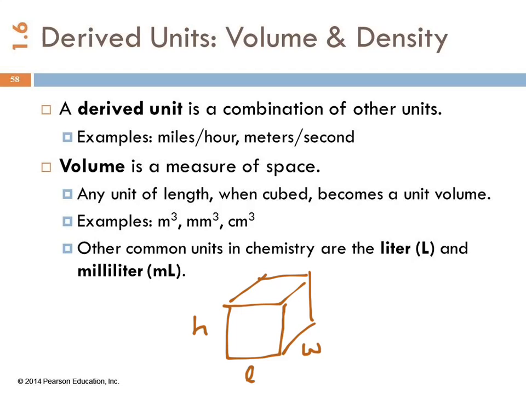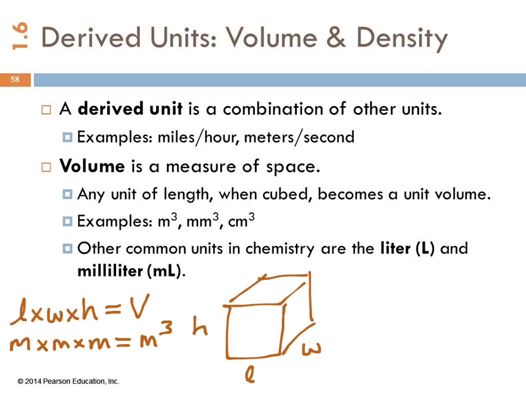What could we measure those lengths in? Oh, how about meters? So if those were in meters, length, that's a bad L. Length times width times height equals volume. If those were in meters, we'd have meters times meters times meters. That's going to be meters cubed.